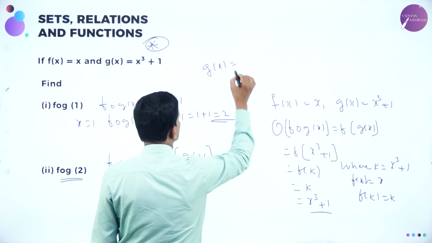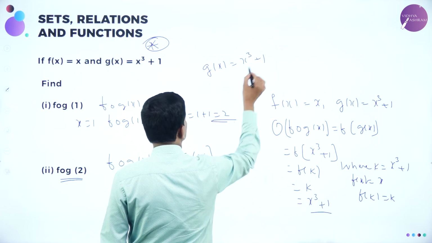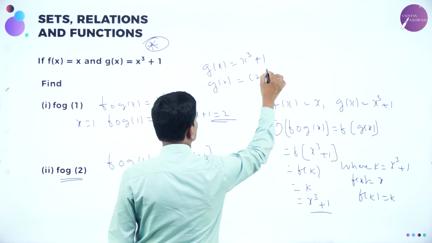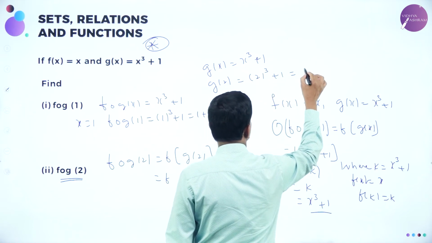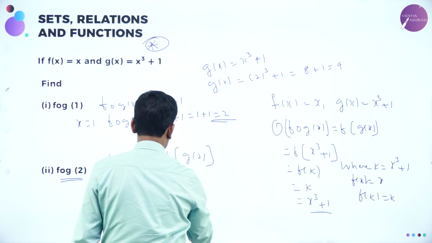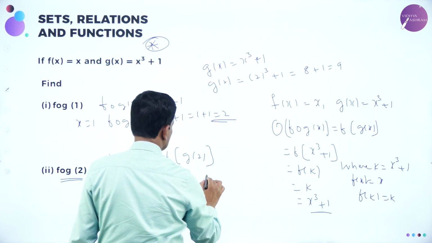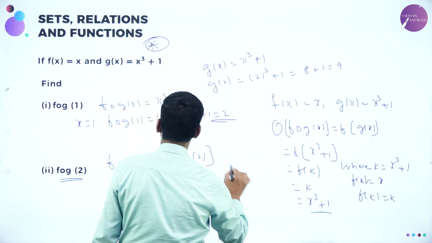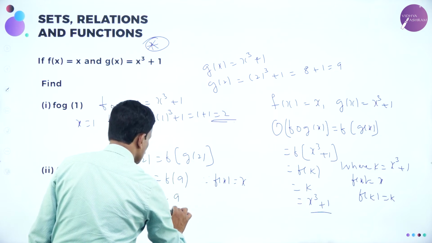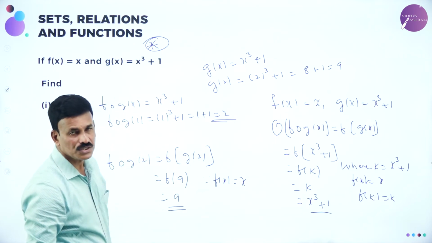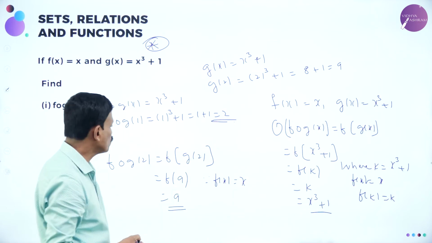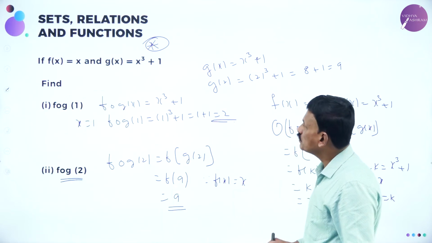What is g of x? g of x is x cube plus 1. g of 2 is 2 cube plus 1. 2 cube is 2 times 2 is 4, 4 times 2 is 8, plus 1, 8 plus 1 is 9. So then this becomes f of 9. Since f of x is x itself, f of 9 is 9. The required answer is 9. This is the shortcut method to solve this. Any method you can follow to solve this problem. Okay, that's it.